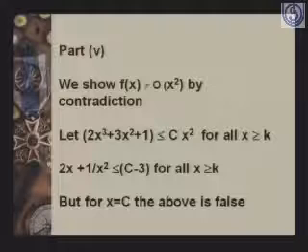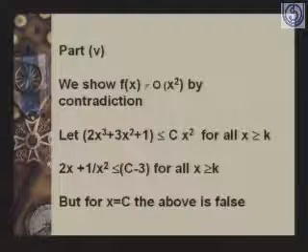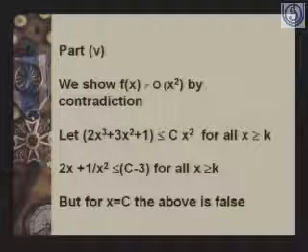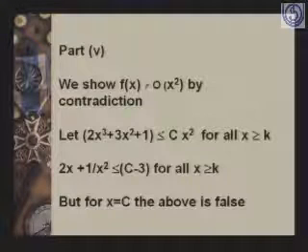And because 4 is less than 0 is not true, therefore there is something wrong. And the wrong is with our assumption, and our assumption is f(x) is of order x^2. With this assumption we are getting something wrong like 4 is less than 0. Therefore we should discard this assumption, that is, f(x) is equal to order of x^2.